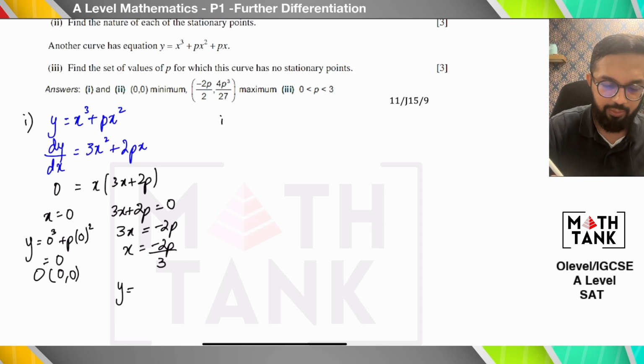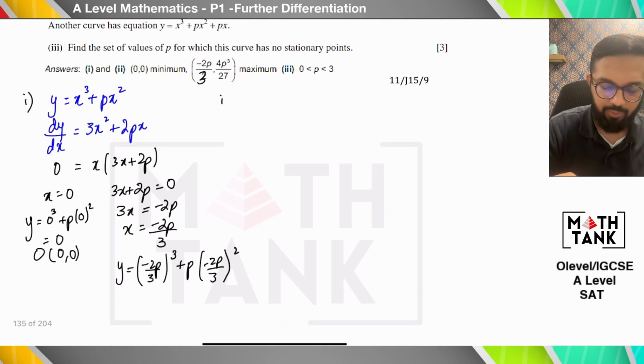So y equals minus 2p over 3, I think there's a typo here, it should be 3, cubed, plus p into minus 2p over 3 squared.